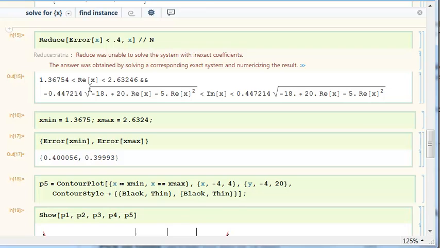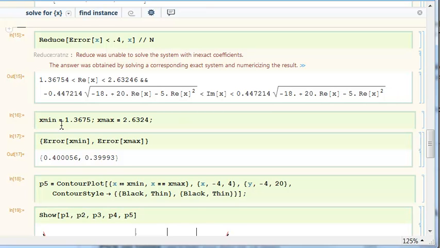And there are two solutions, one for the upper curve, which has no intersections, and one for the lower red curve, which does. These are the two solutions for the lower, where the blue line intersects the lower red curve, and that's between 1.367 and 2.632. The other ones are the imaginary values for the upper curve.